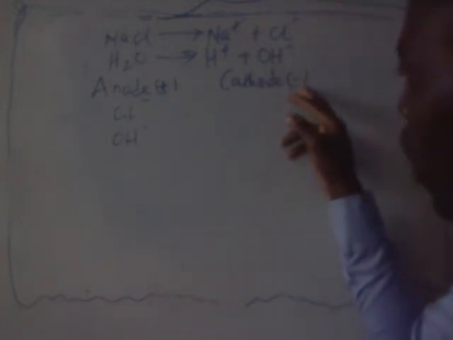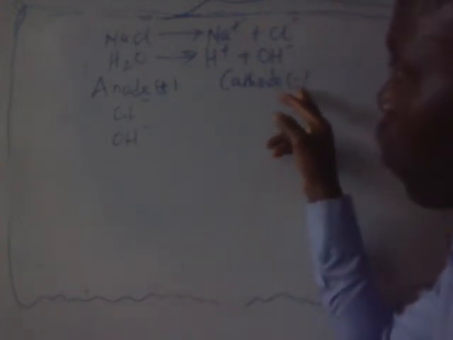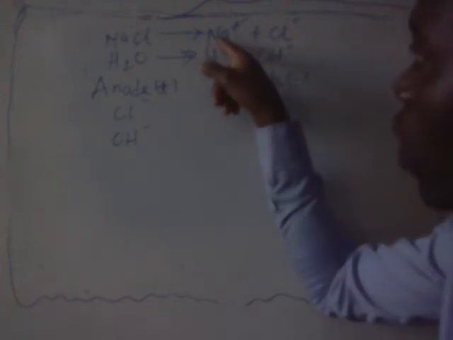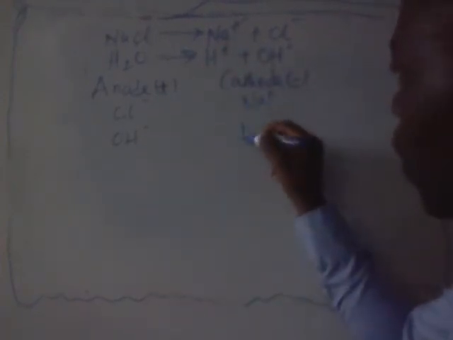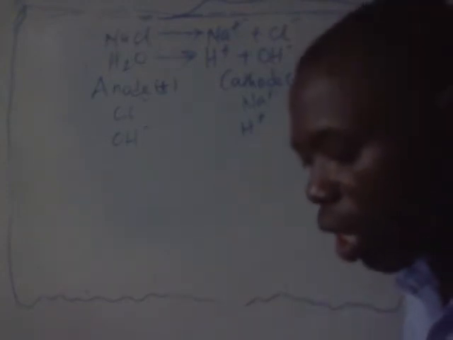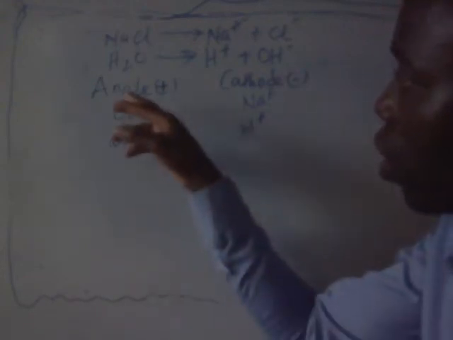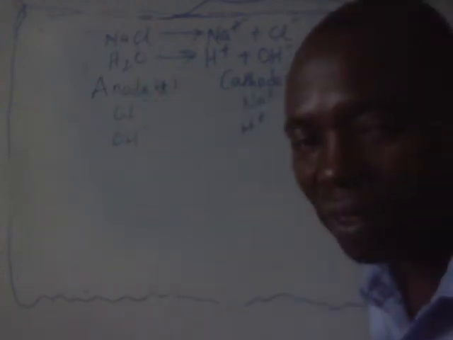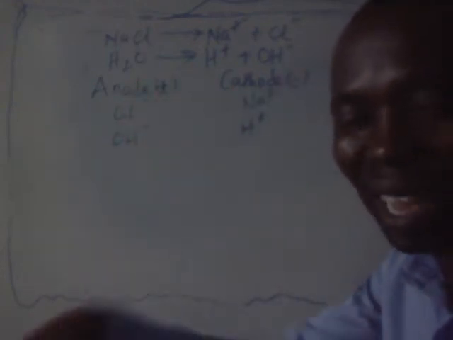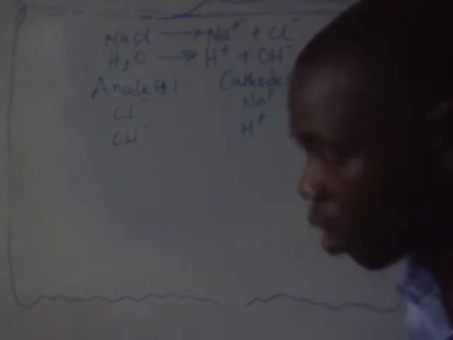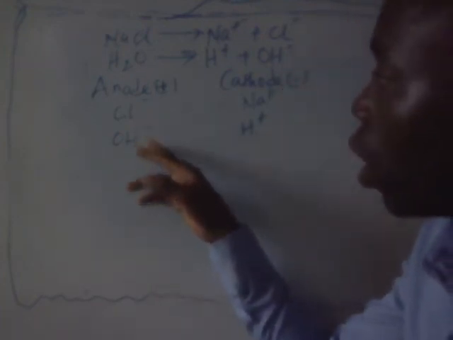While the cathode is negatively charged, so it will attract the positive ions, sodium ions and hydrogen ions, that is Na+ and H+. Both electrodes are platinum electrodes that will dip inside the electrolyte.